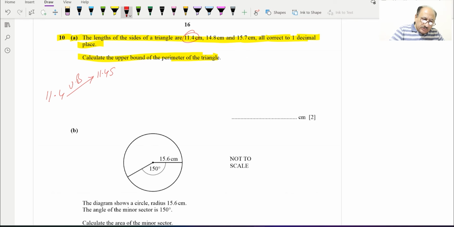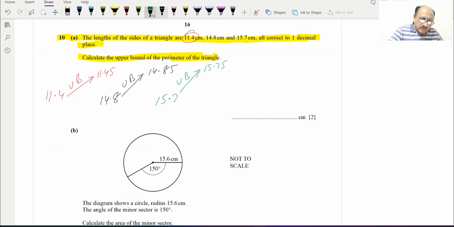The next number is 14.8, and the upper bound is 14.85, and similarly the third number is 15.7, and the upper bound for this number will be 15.75.